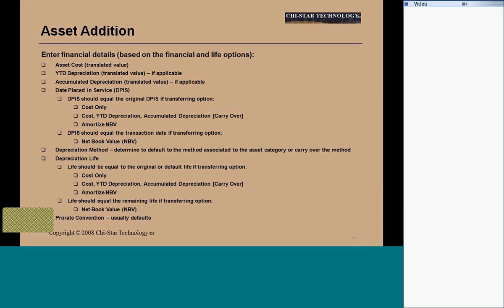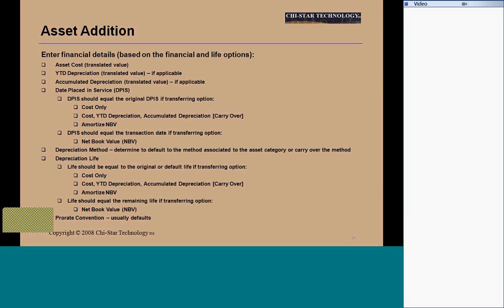When you look at your financial information, again, you're going to enter your translated asset cost, year-to-date and accum, if applicable, depending on how you are going to treat it financially. You need to enter the proper date placed in service. The date placed in service is going to depend on how you are going to treat the financial side of the asset.